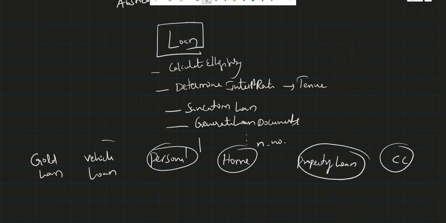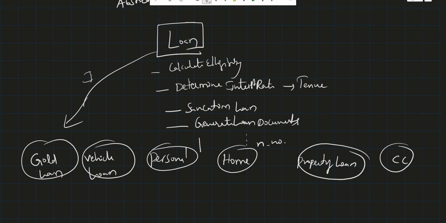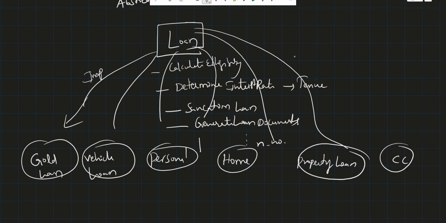Let's assume these are the loans. All loans implement the Loan interface. So now the interface has 20 methods, so all subclasses need to implement those 20 methods forcefully, irrespective of whether you are using them or not.